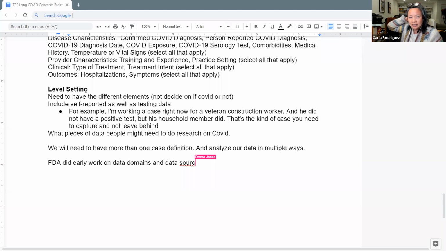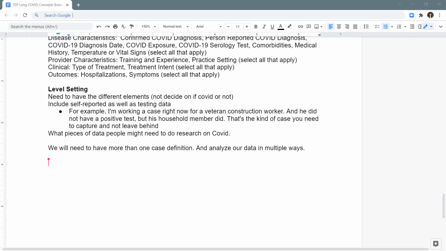And I just want to highlight that someone put in the chat what I put in the chat, and somebody put up here on the screen what those data domains might be, such as the patient characteristics, the disease characteristics, and provider characteristics that might be important, including some of the stuff that y'all have mentioned here. Great, thank you, Carla.